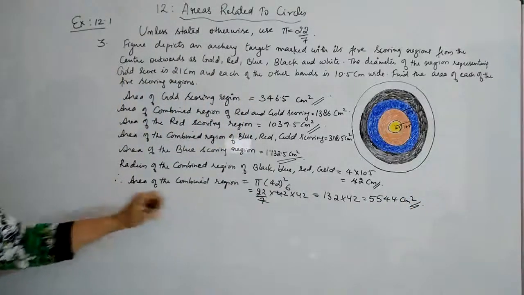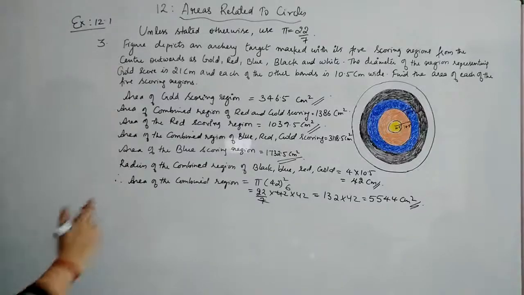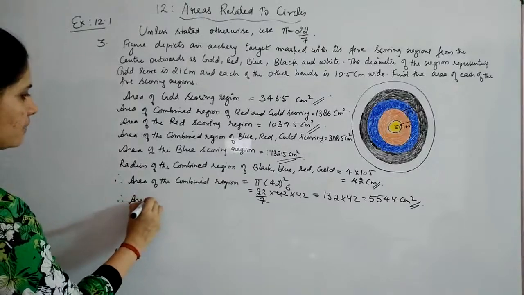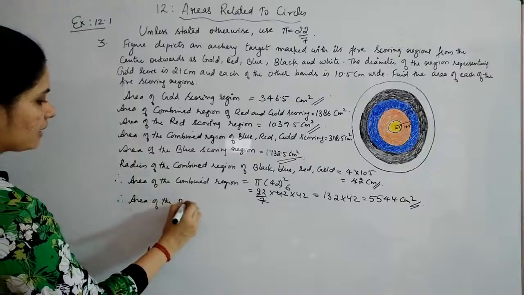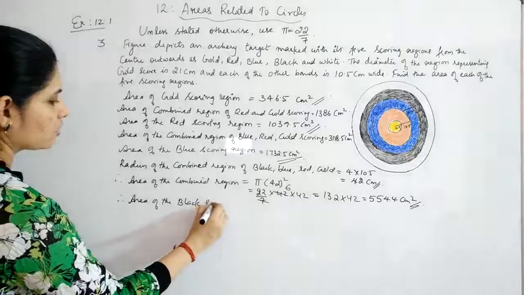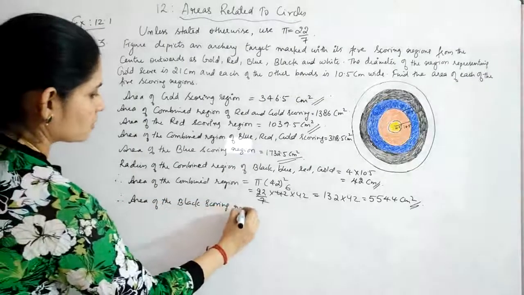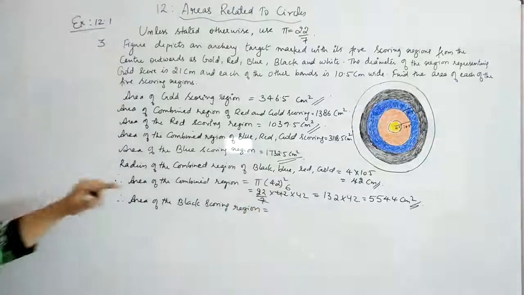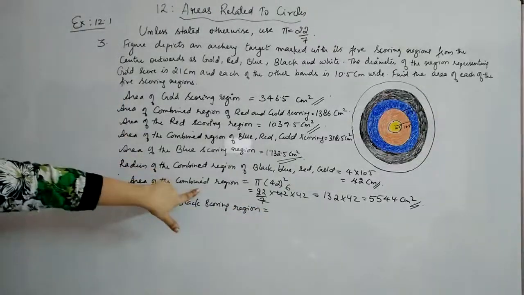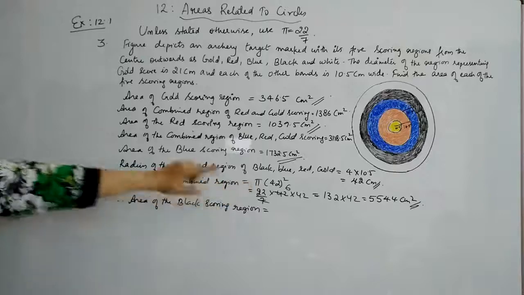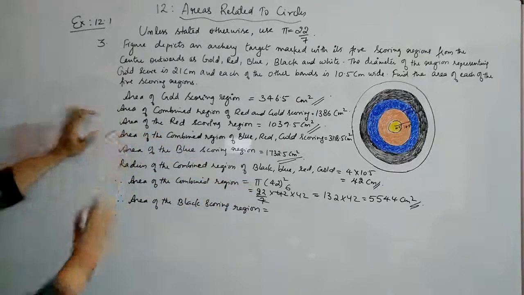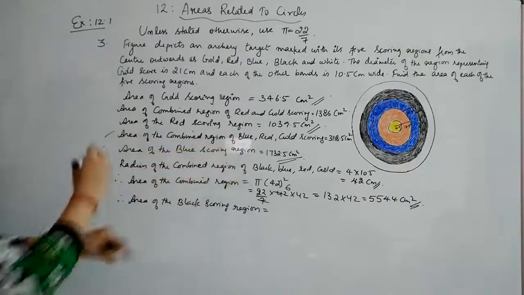Now what you need is the area of the black region alone. Therefore, area of the black scoring region will be equal to the area of the combined region, which includes the black also, minus the area till blue, which you have found out.